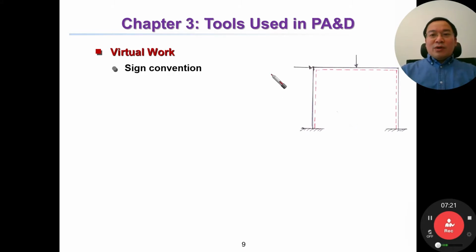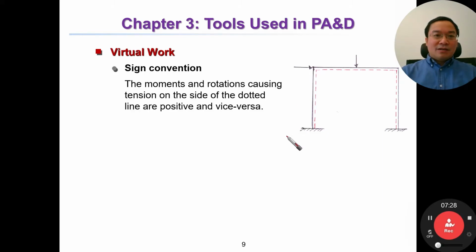For example, if we have a frame like this, the sign convention is that the moment and rotation causing tension on the side of the dotted line here, inside the structure, we call positive moment or positive rotation.